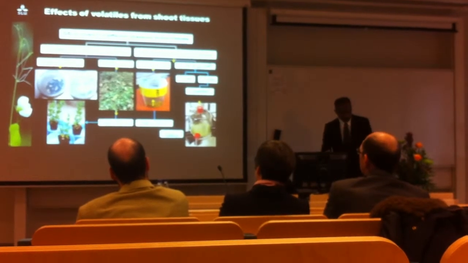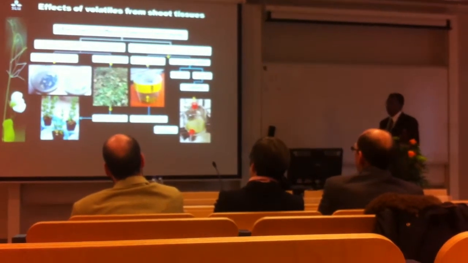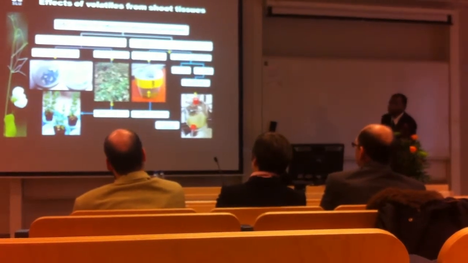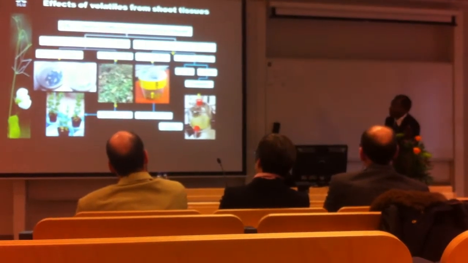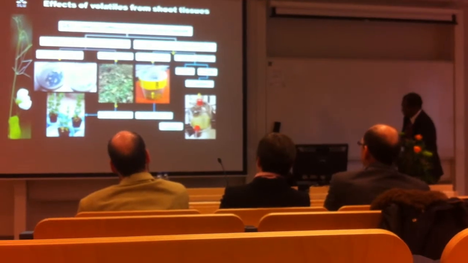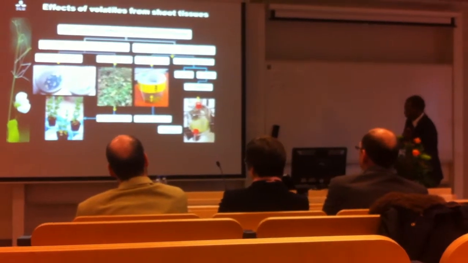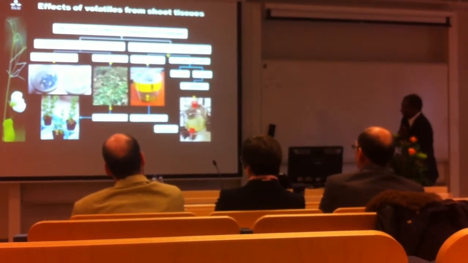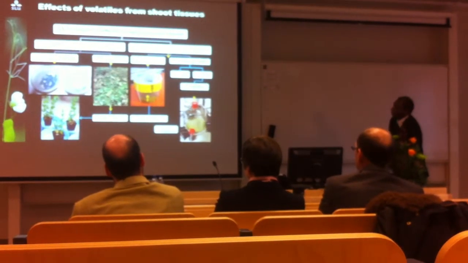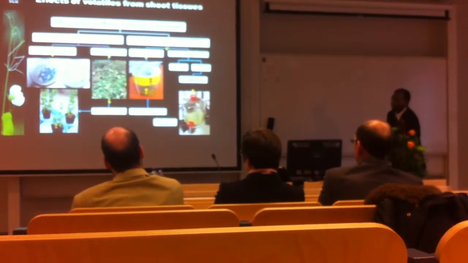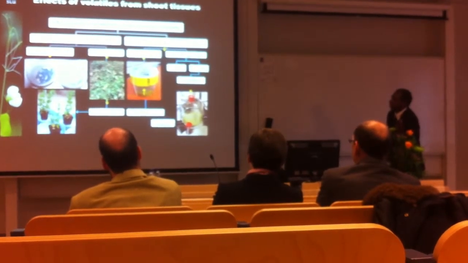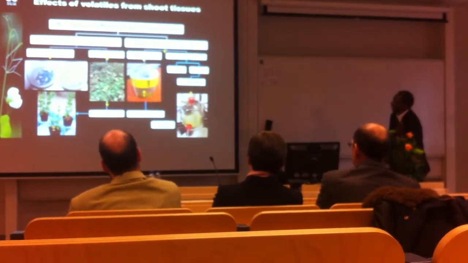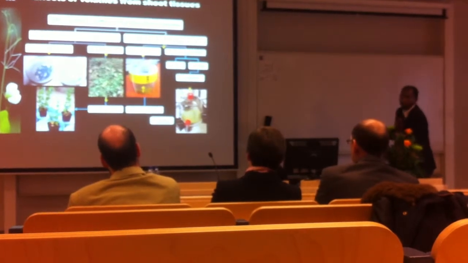So in this study we mainly investigated the volatiles from the shoot tissue, as I mentioned earlier in the outline. So Brassica shoot tissue, from fresh condition, and its volatile effects on the inoculum hyphal growth, and volatiles from dry shoot tissue.